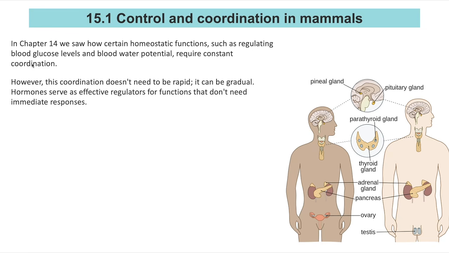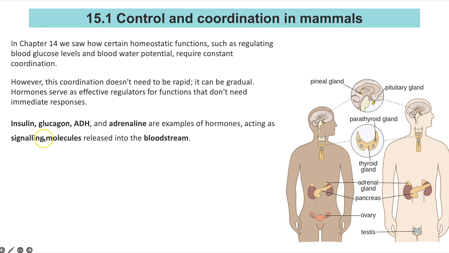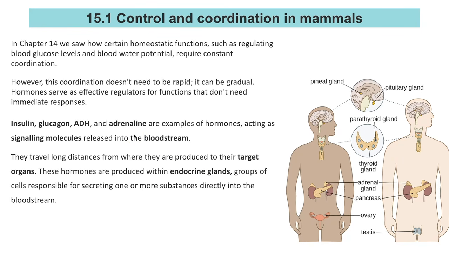And with the nervous system, it's going to be far more rapid rather than gradual, which is what the hormonal response is. So insulin, glucagon, ADH and adrenaline are examples of hormones which act as signaling molecules released into the bloodstream, and they travel long distances from where they're produced to their target organs.